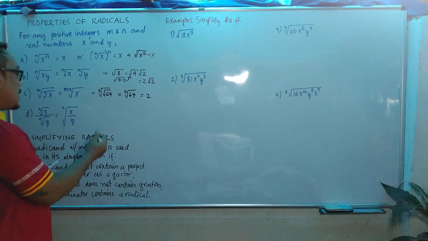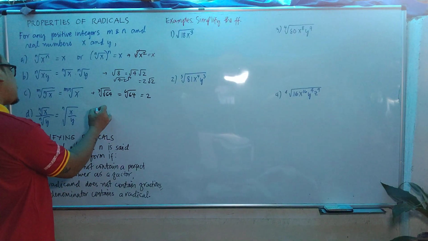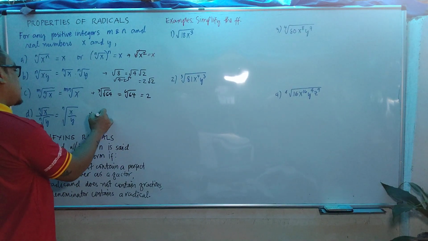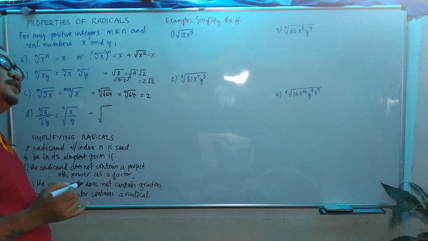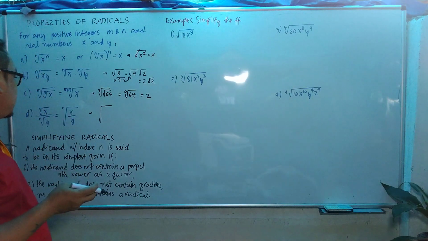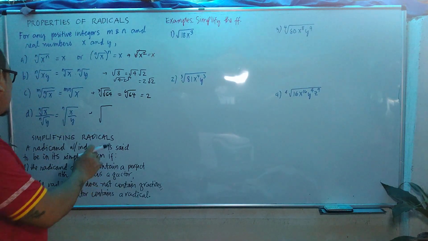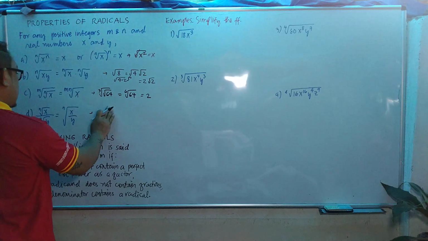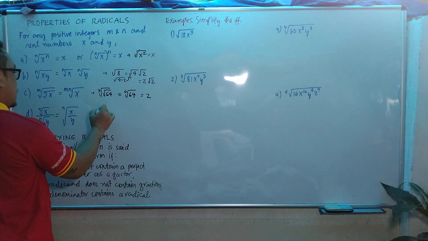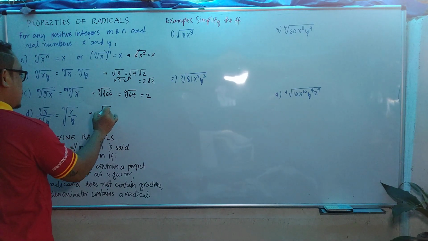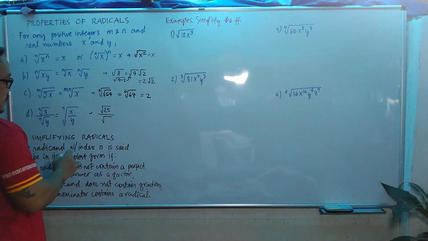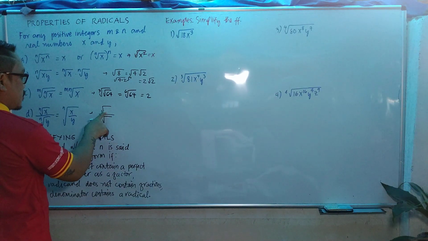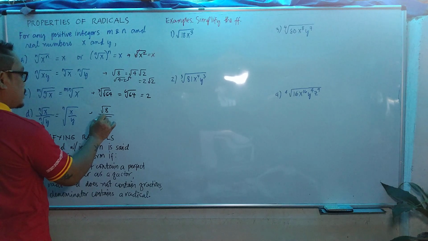For example, the square root of 8 over the square root of 2.